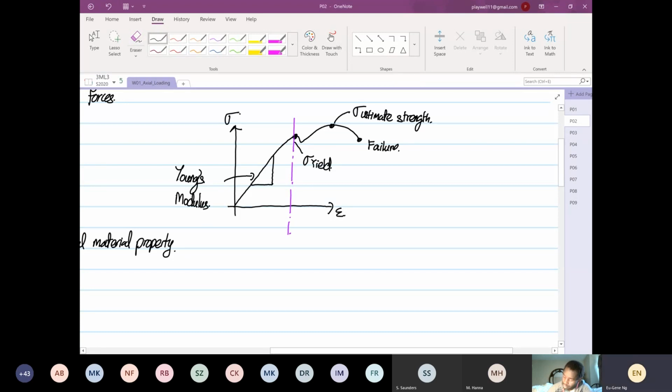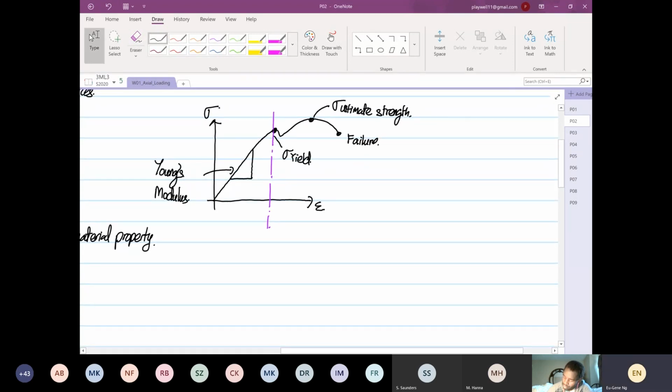Okay, and we know on the left hand side is the elastic region. Sorry, on the left hand side is the elastic region. I do apologize. And then on the right hand side is the plastic region.